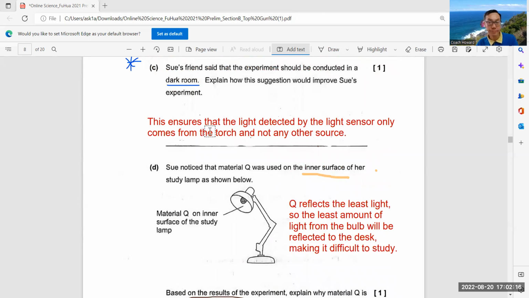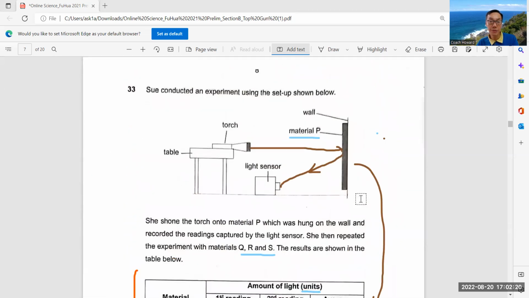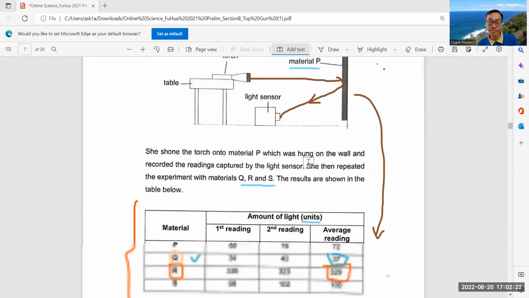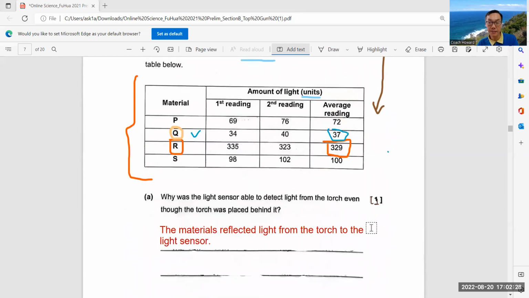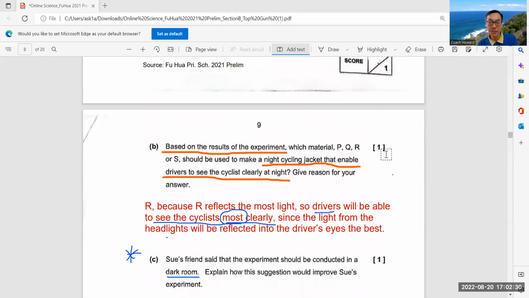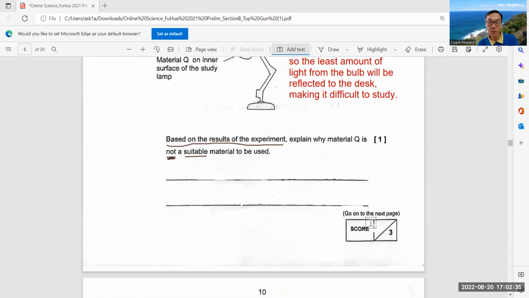So once again, you revisit this question. This is the experimental setup. One mark is to test your understanding of how material reflects light, and then based on the result, 1, 1, 1, so total is 3 marks here plus 1, 4. This is a 4-mark question.